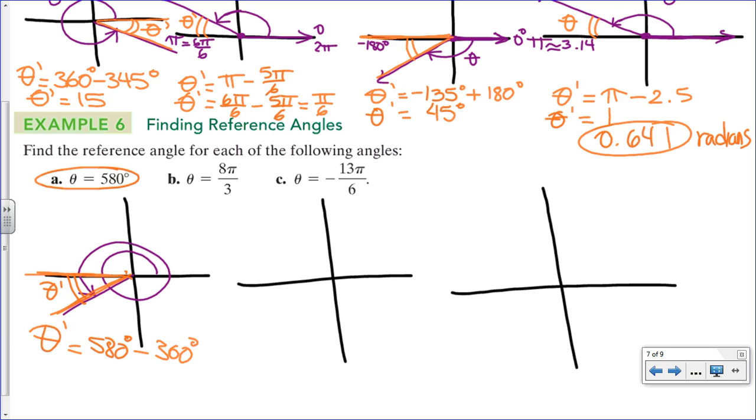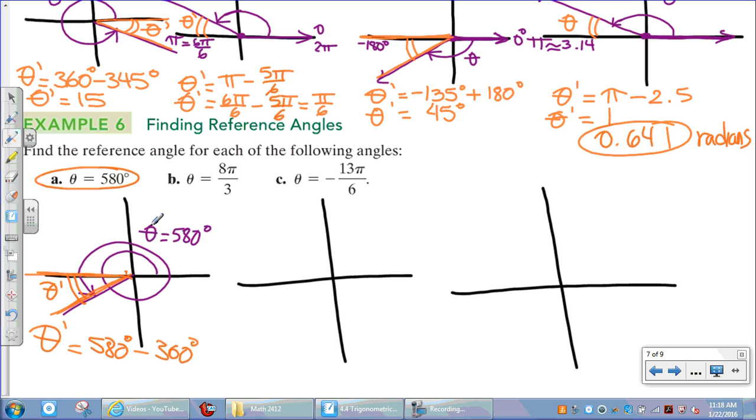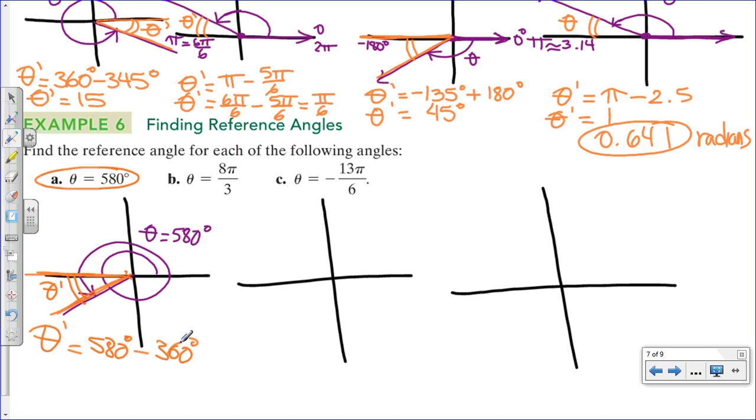The original one was 580 degrees. We're going to get 220, and then we're also going to subtract 180, because you did a full circle and then the rest. So if we do that, we get 40 degrees.